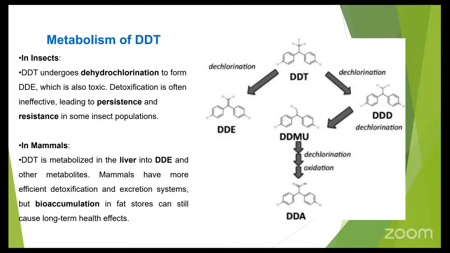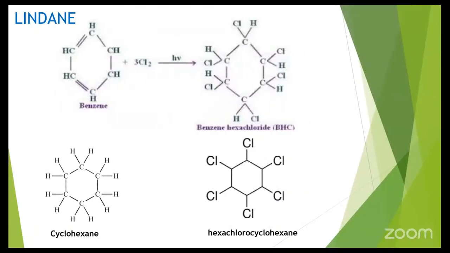In a few countries, average values for total DDT in human milk of 1 to 5 mg per liter have also been reported. Conversion of DDT to dicofol occurs only in some insects. Methoxychlor is demethylated by the mixed function oxidase system to form polar metabolites. So this is the metabolism of DDT in insects and mammals.